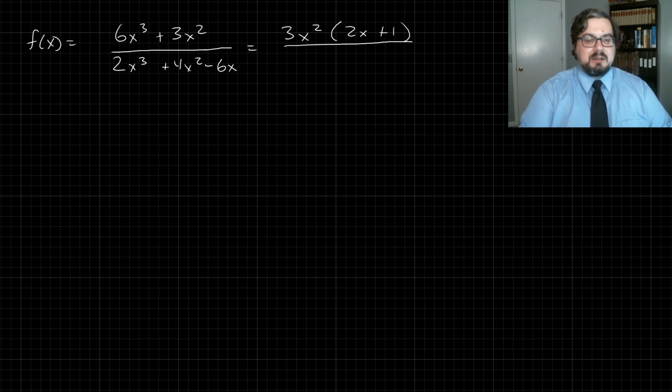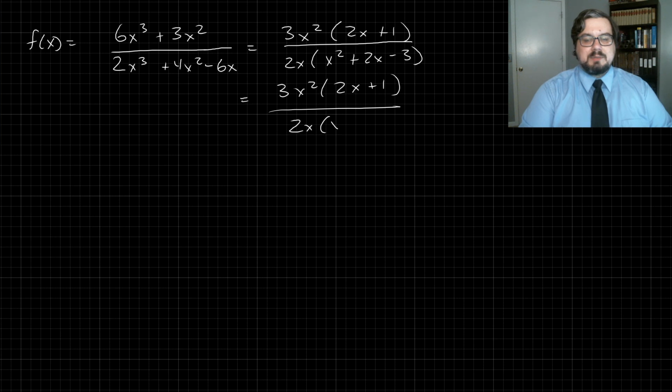And the denominator, we'll start by factoring out a 2x. That'll leave us with x squared plus 2x minus 3. We can factor this further to get 3x squared times 2x plus 1 over 2x times x plus 3 and x minus 1.